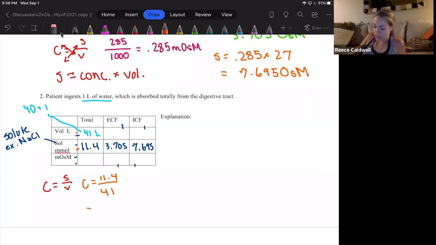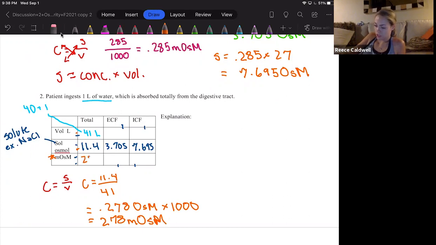When we solve this out, we get 0.278 osmoles. We want to convert that into milliosmoles because that's what the question is asking for, so we'll multiply it by 1,000 to get 278 milliosmoles.